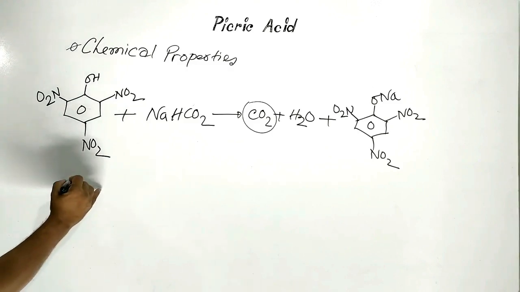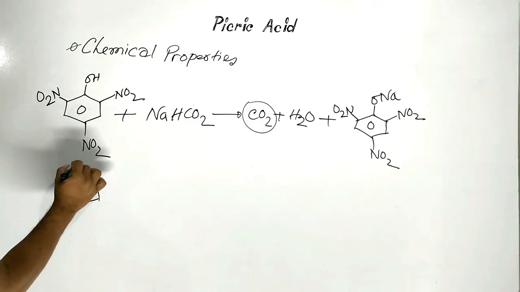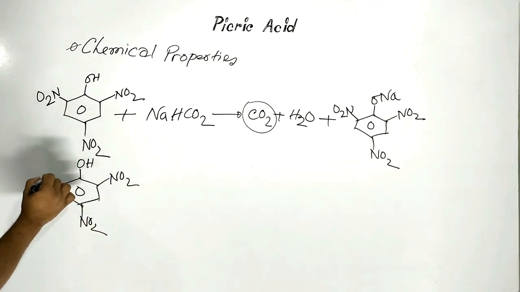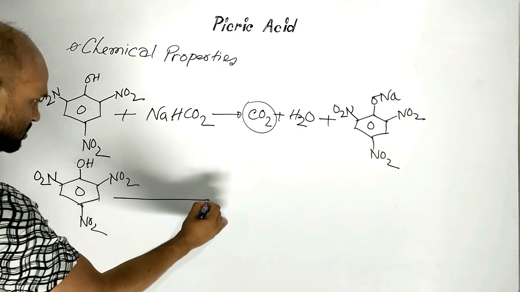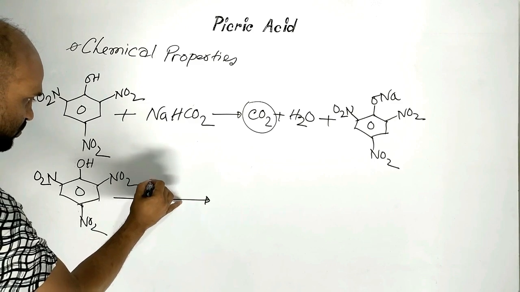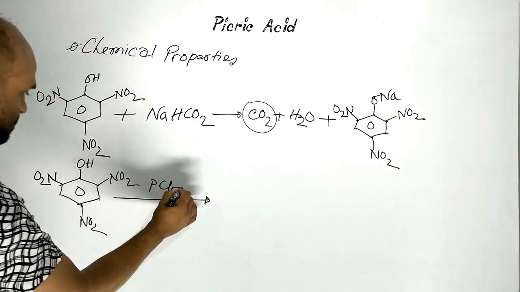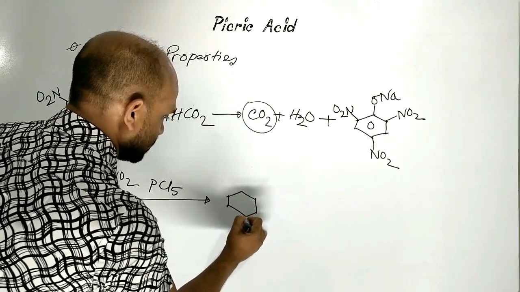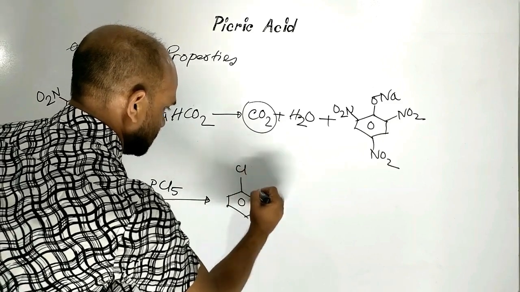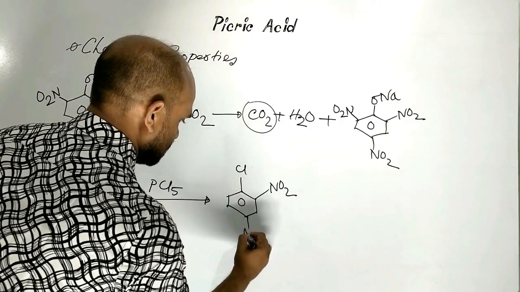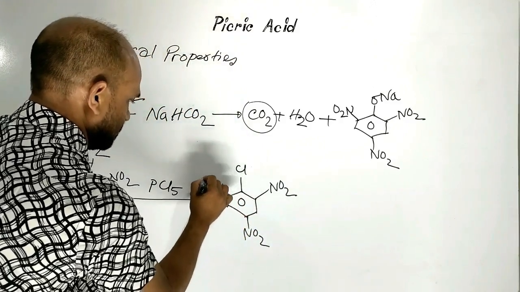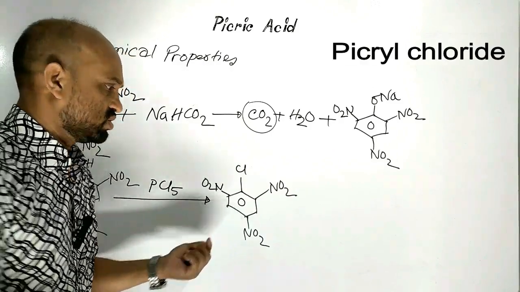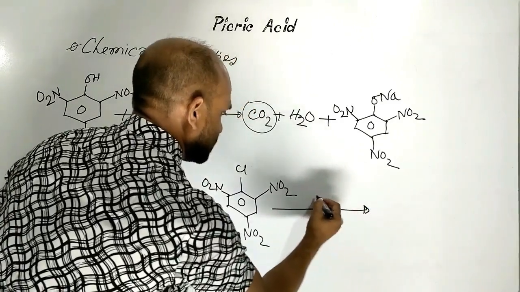Again, picric acid is treated with phosphorus pentachloride. Then hydroxyl group undergoes replacement by chlorine. Here, this is picryl chloride, which is treated with ammonia.